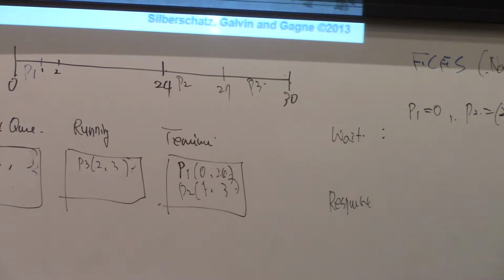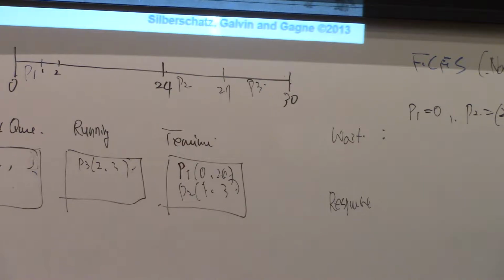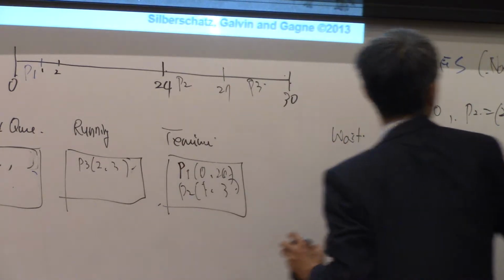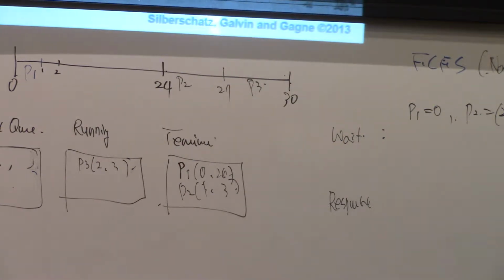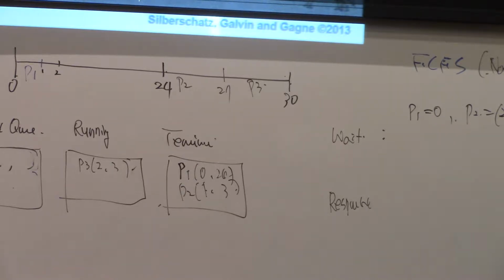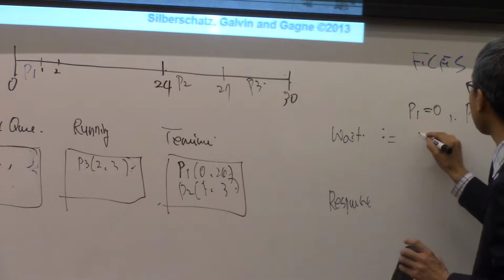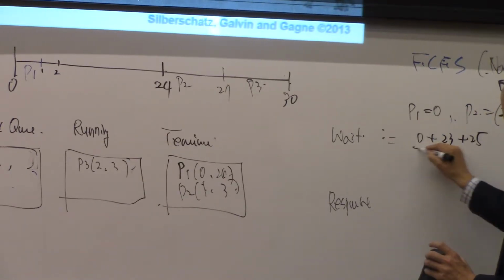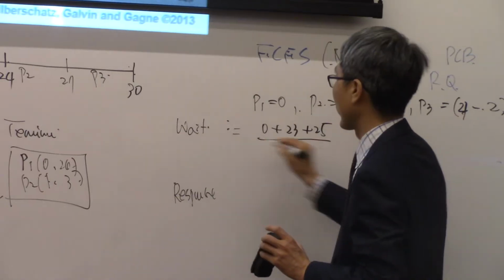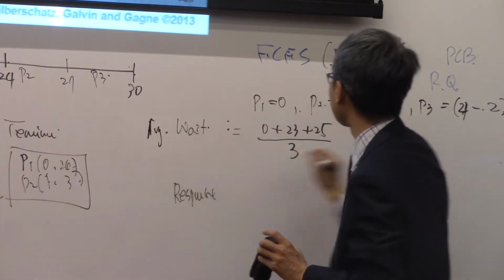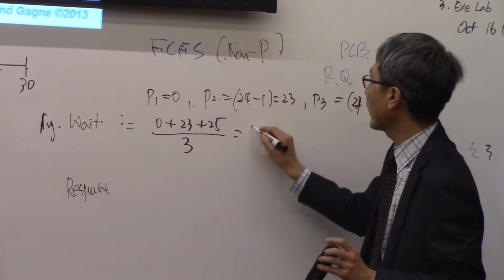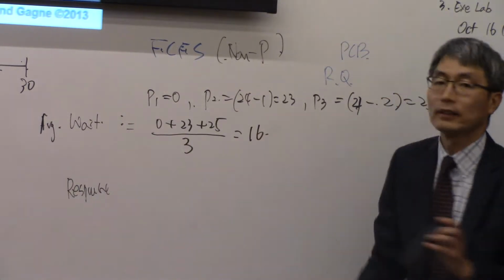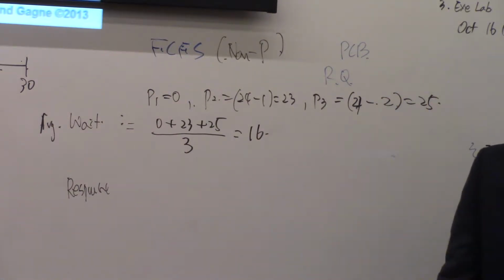What about P3? It's selected at 27, arrival time is 2. So 25. So total waiting time is 0 plus 23 plus 25, divided by 3. Average waiting time is 16 milliseconds, whatever.